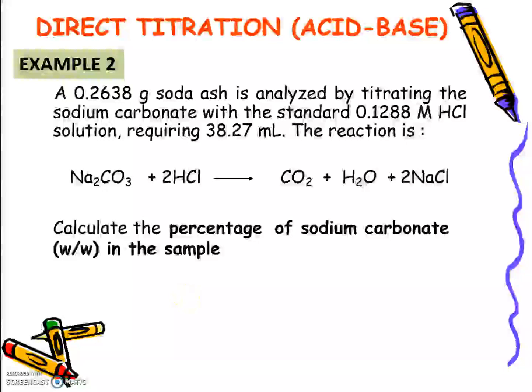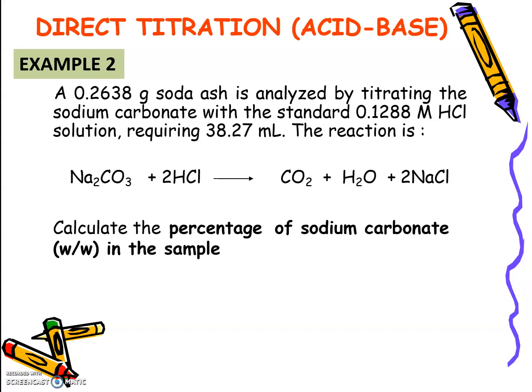Okay, for example 2, a 0.2638 gram soda ash is analyzed by titrating the sodium carbonate with the standard solution 0.1288 molar hydrochloric acid solution, which requires 38.27 ml.